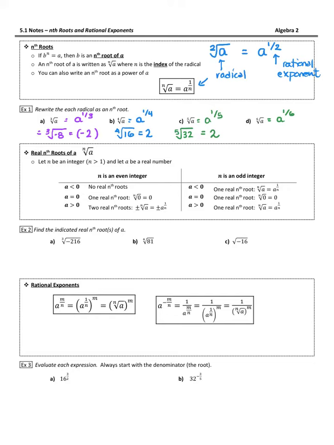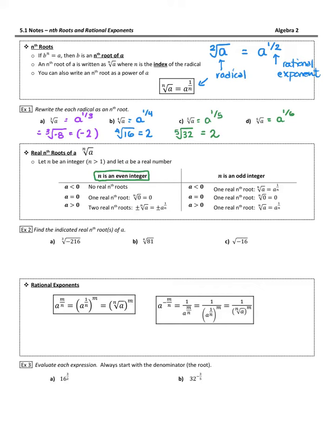So a couple of the properties that we can talk about when you're doing this, and I definitely want to go over this next box because there's something that's not exactly accurate here. If the number under the radical is a negative, and we're taking an even root, like the square root, the 4th root, the 6th root.